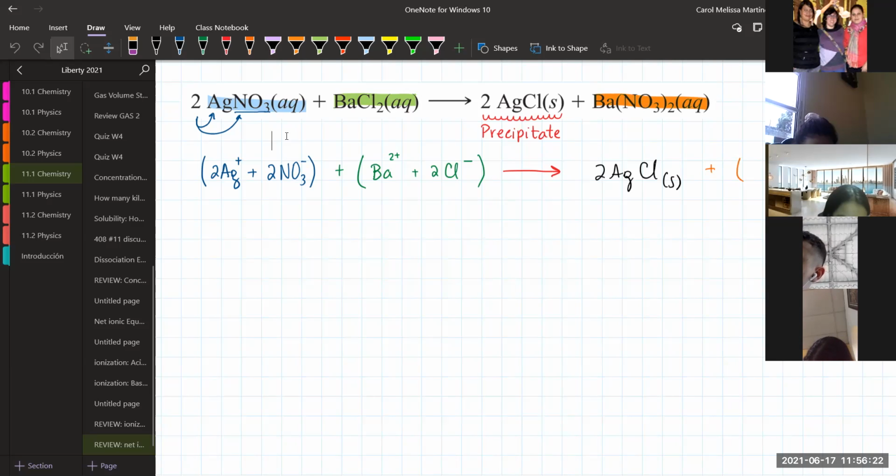In the products, you don't dissociate silver chloride because it's solid, and barium nitrate in this case requires the dissociation. So barium has a charge of +2 and it's combined with nitrate, which has a charge of -1.